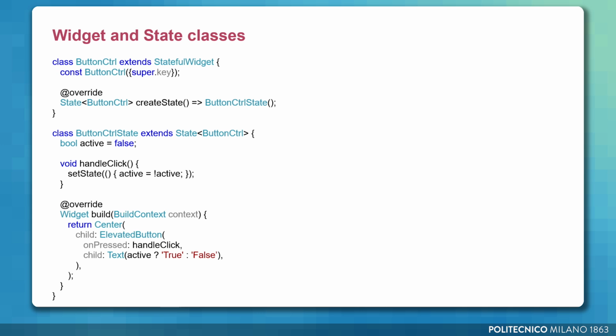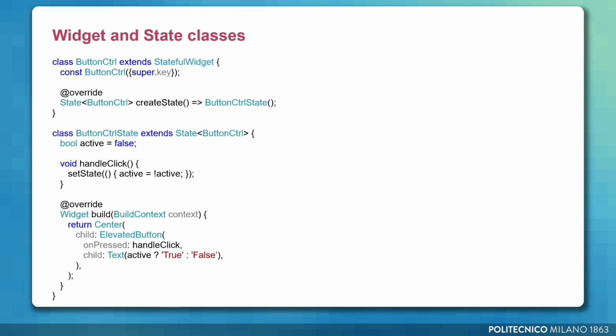It also overrides the createState method, which returns an instance of the associated state class, in this case button control state. While this can be written using the standard function syntax, Dart, like any modern language, supports arrow notation for simple methods. So, createState just creates and returns the object that manages the widget state.